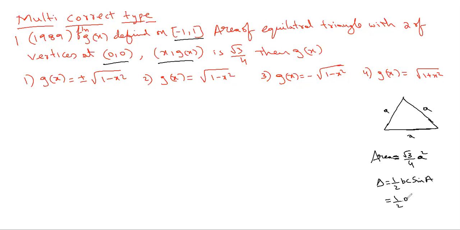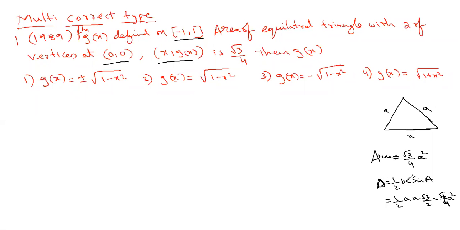So 1 by 2 into A square into sine A, where all angles are 60 degrees. Sine 60 is root 3 by 2. So you get root 3 by 4 A square. There are many ways of getting this formula. Because you already know the area formulas from the properties of triangles, I used that.